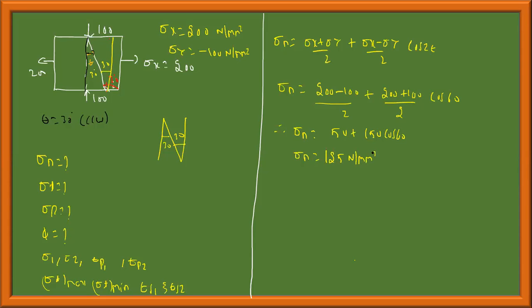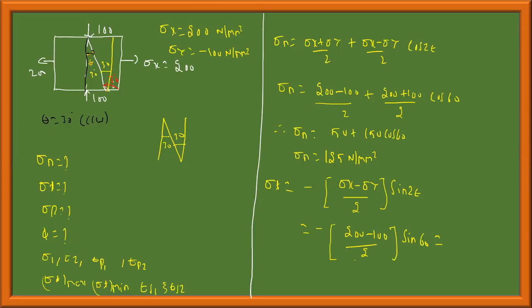Sigma t is equal to minus of sigma x minus sigma y by 2 sin 2 theta, which is equal to minus of 200 minus 100 by 2 sin 60.